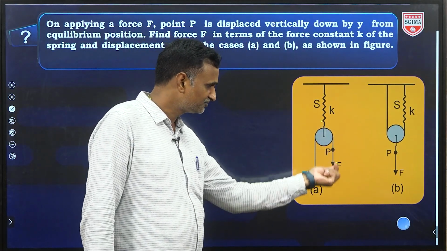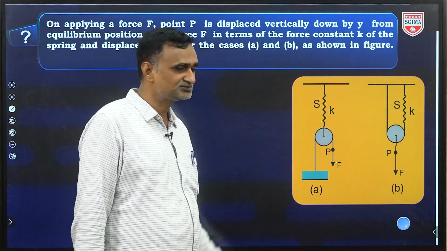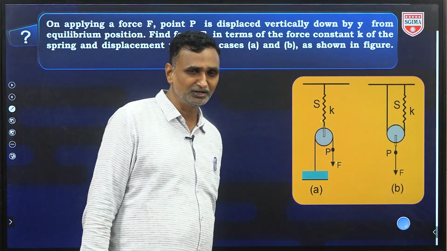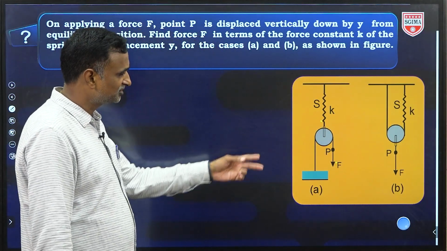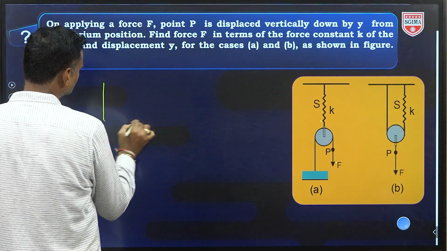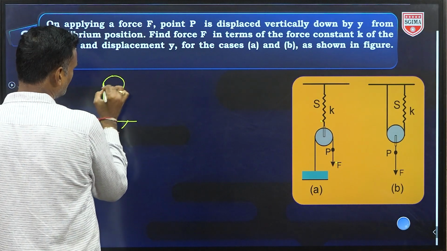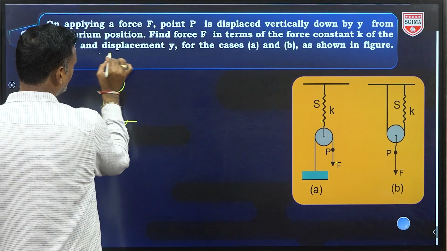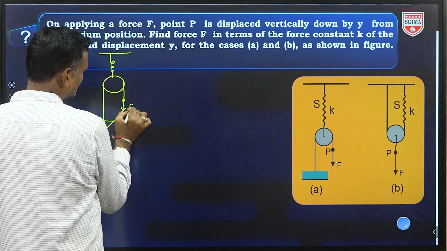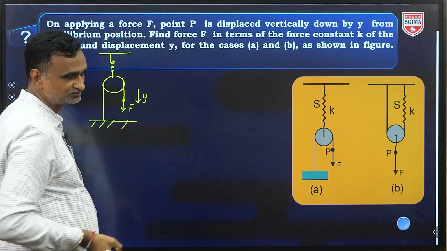Whenever it is pulled downward from the equilibrium position through a distance y, they are asking us to find the magnitude of F in terms of K and y for the situation shown, both cases A and B. So let us start with the first question, figure A. This is a rigid support, here we have a pulley, here it is the spring, and again a rigid support, and this is the point from where the force is applied. Now it is moved by distance y.